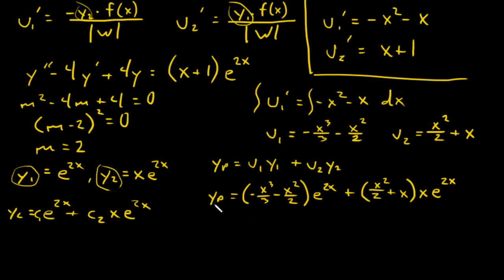Then your particular solution is just u1 times y1 plus u2 times y2, and that's it. It seems like a lot of work, but it's not. This is actually really fast, so let me clear this and let's do one more example.